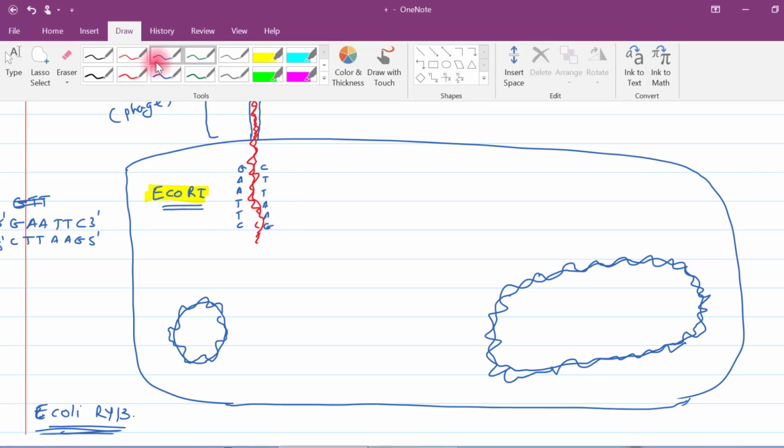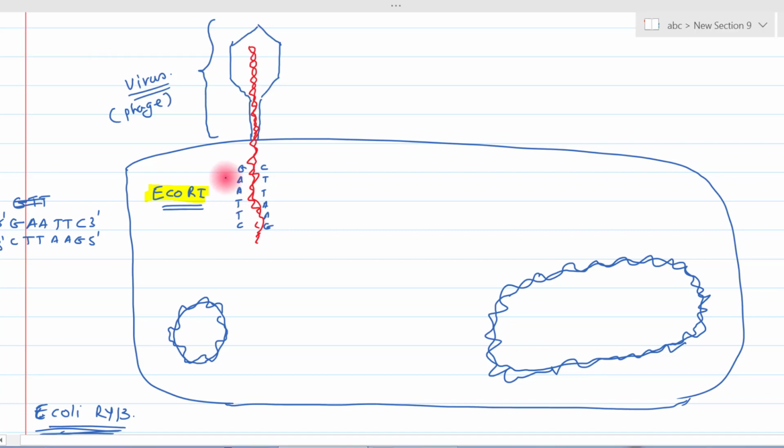This enzyme will put a cut over here, then split over here, and then one more cut over here. So there is a breakage of DNA. I have shown only one site, but if there is a second site over here, a third site over here, what will happen? This virus's DNA will be broken down into pieces.